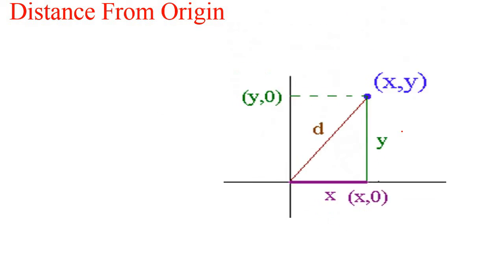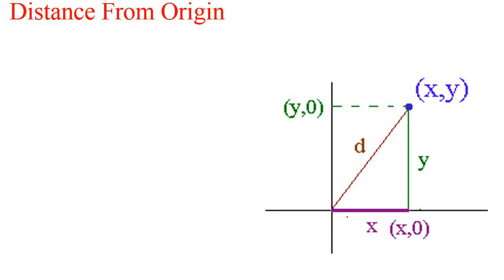Now let us find the distance of a point from the origin. Already we discussed that the point on the x-axis is x, 0, and the point on the y-axis is 0, y.